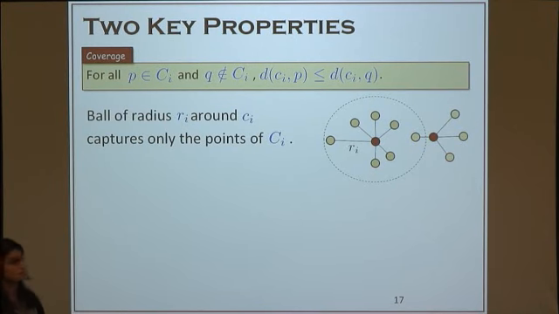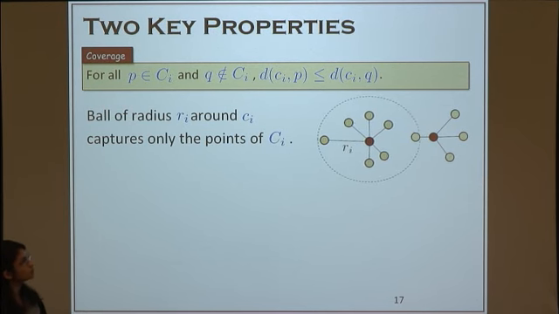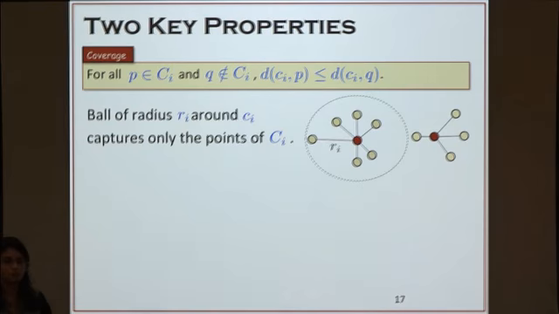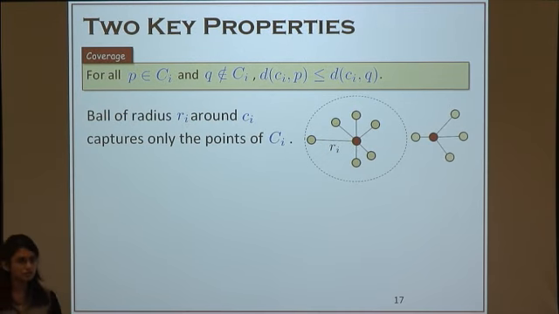This is not an instance of this property, because I drew an r star ball and I captured another point. But if there was a little bit more structure, then such an example satisfies the coverage property. Draw a ball of your radius, and you're capturing the cluster and exactly the cluster.